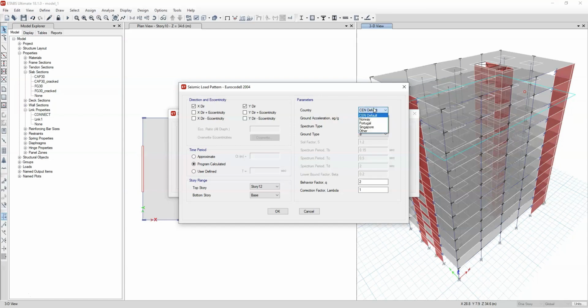For the seismic definition, which in our case is a ground type B, type 1 spectrum, zone 1.3, we must enter the AG value. Specifically, 1.5 AG over G, which in the program must be entered as the value divided by G. Before doing that, we can define and choose the national annex we want to use.